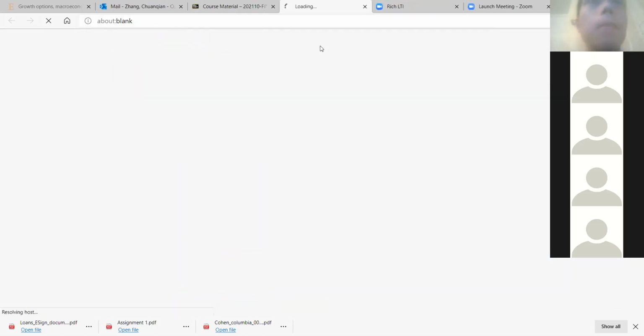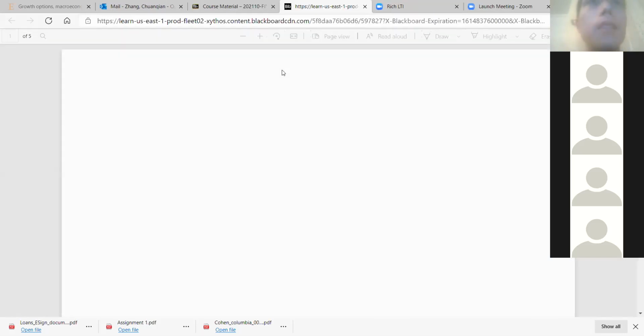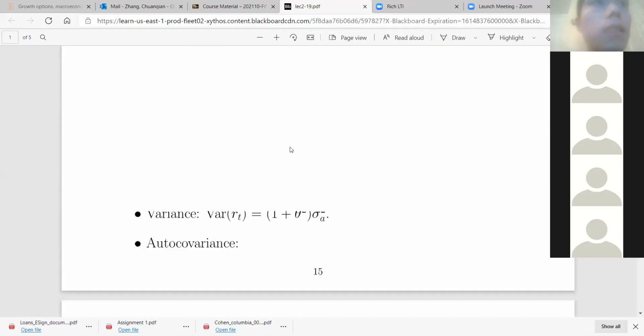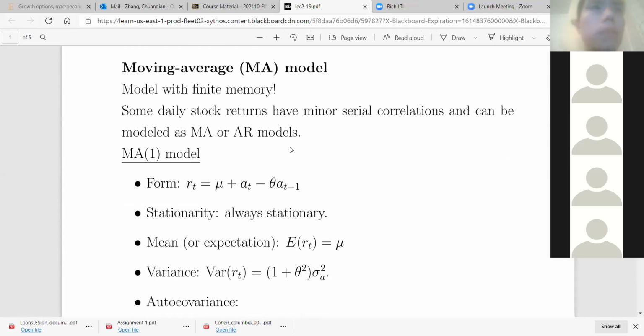I think we are lagging behind a little bit in terms of progress, but if you understand the AR model in a solid manner, you should find the moving average model, the MA model, much easier, as well as the future ARMA model, because these follow a similar spirit.